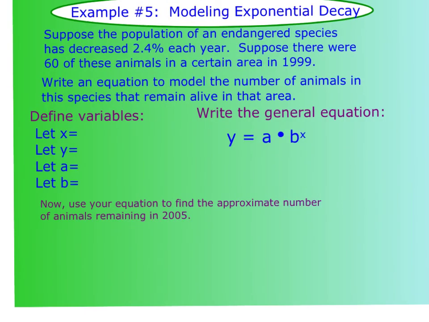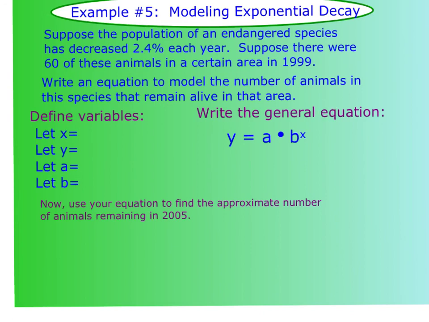Suppose the population of an endangered species has decreased 2.4% each year. So it's going down, so we're going to do that special trick. Suppose there were 60 of these animals in a certain area in 1999. Write an equation to model the number of animals that will remain alive in that area.